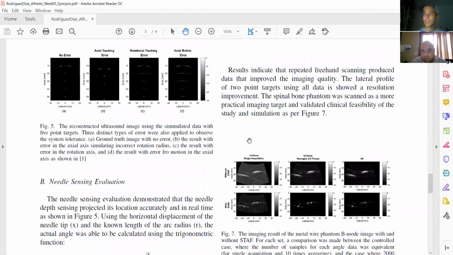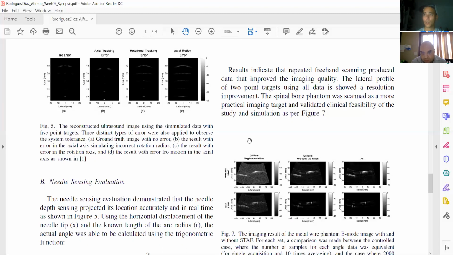And at the end, they highlight the different types of errors that they encounter during the insertion. Of course they have the actual tracking error, which is where the tip of the needle is. The rotational tracking error, which is through the encoder of the joint, and then the actual motion, which is the forward motion of the needle.